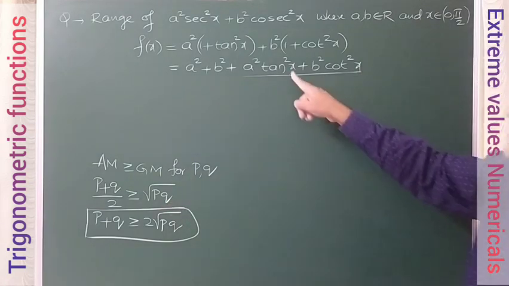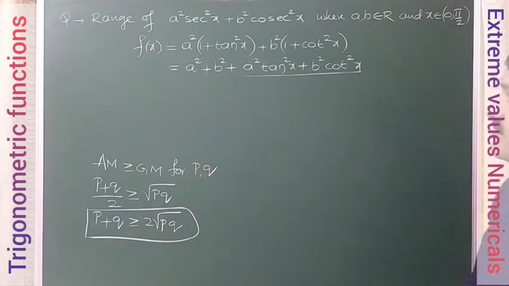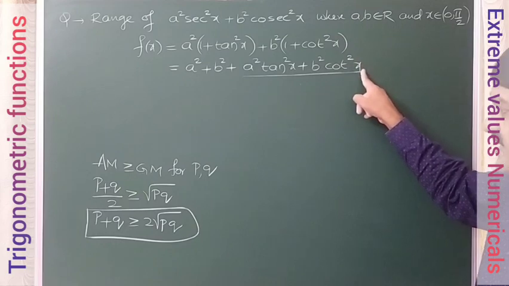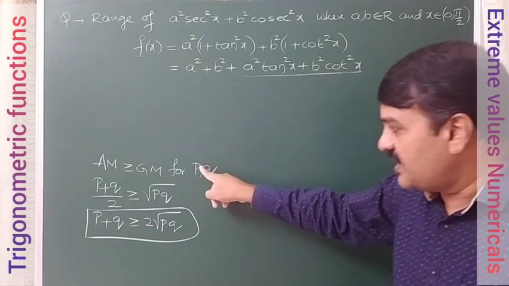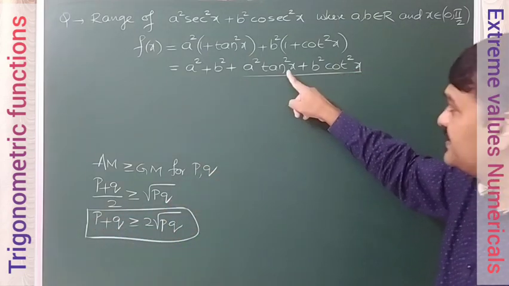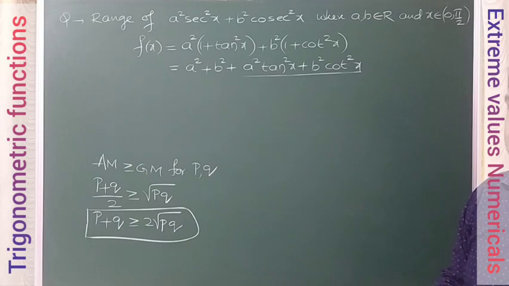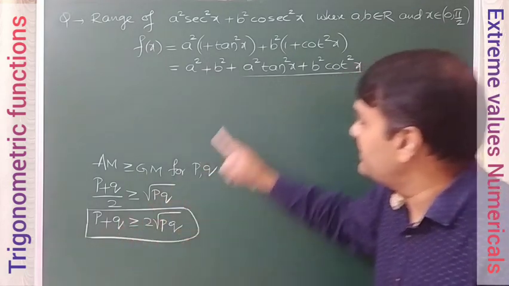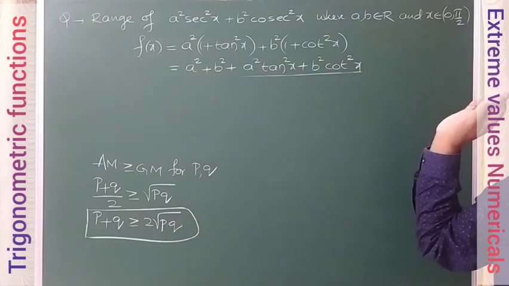So let us take this a square tan square x in place of p, b square cot square x in place of q. Just observe that formula. Assume p as this term, take q as this term. So p plus q means this only, no? p plus q greater than or equal to 2 into root pq.